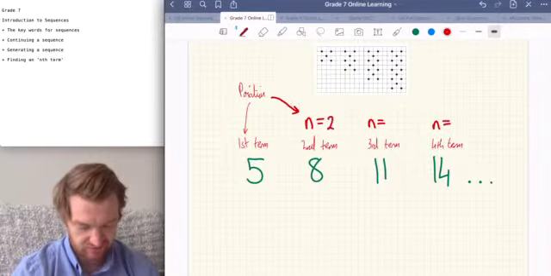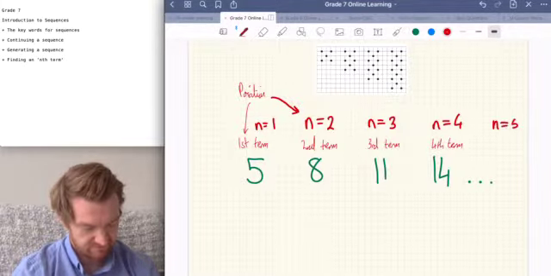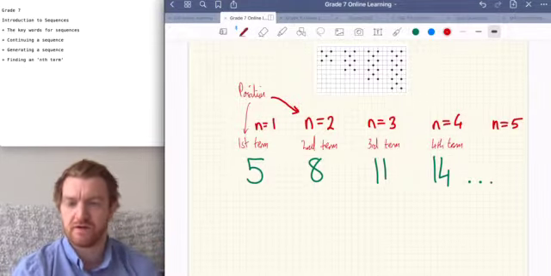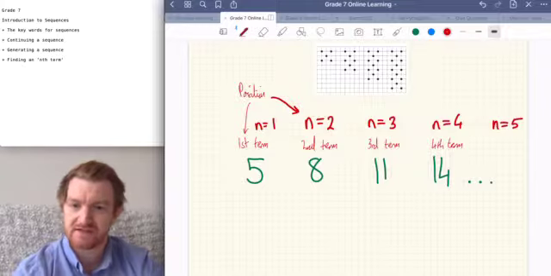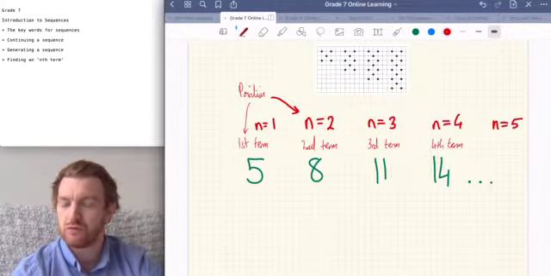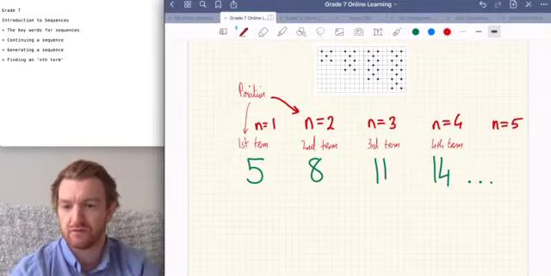We say n is 2, n is 3, n is 4. The first one, n is 1. The next number, n would be 5, and so on. So when you see an n in terms of a sequence, it just means where is it? Is it first, second, third, fourth, or fifth? And it always starts 1, 2, 3, 4, 5, because whenever you're counting, you say first, second, third, fourth, etc.